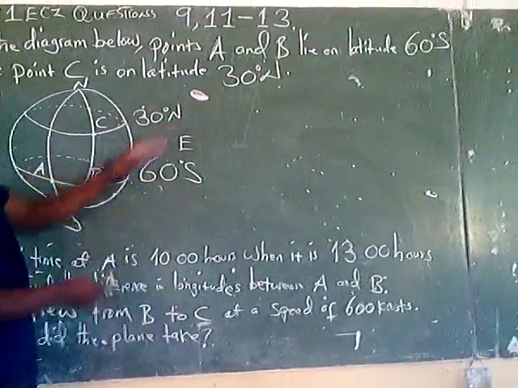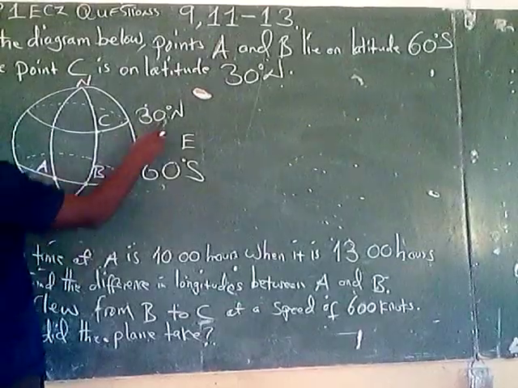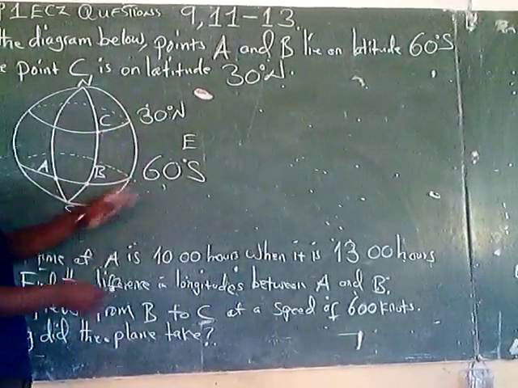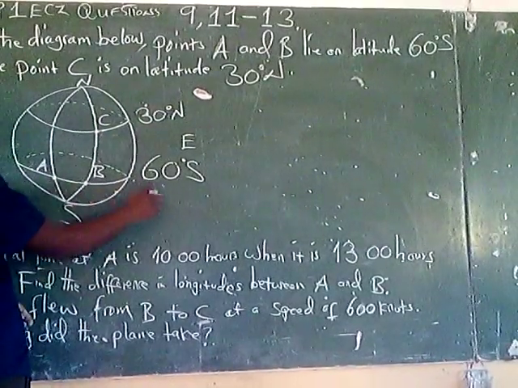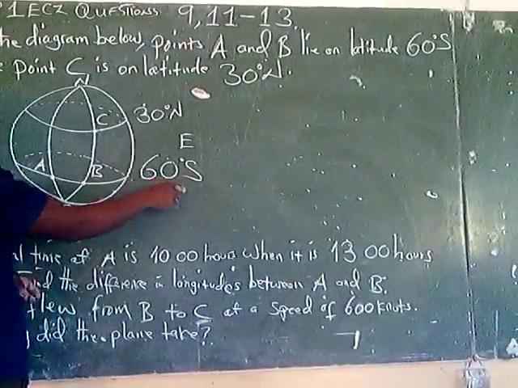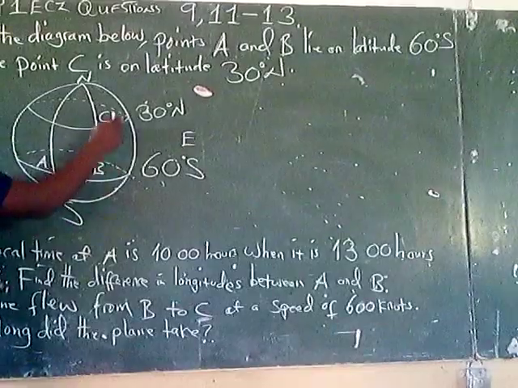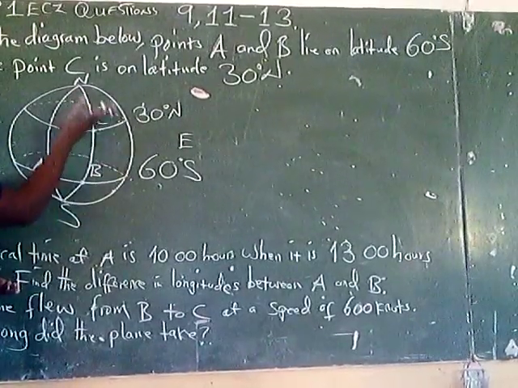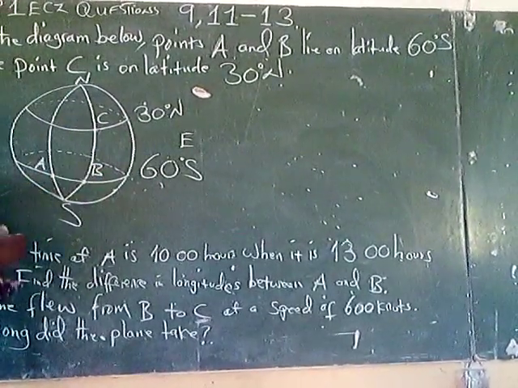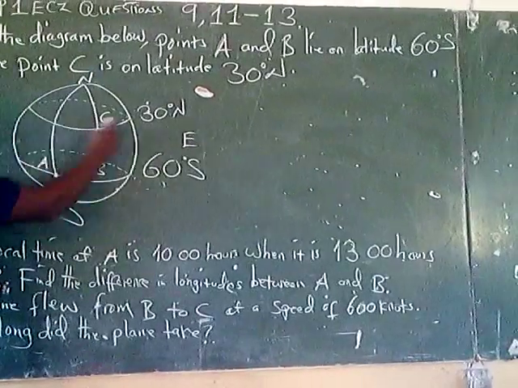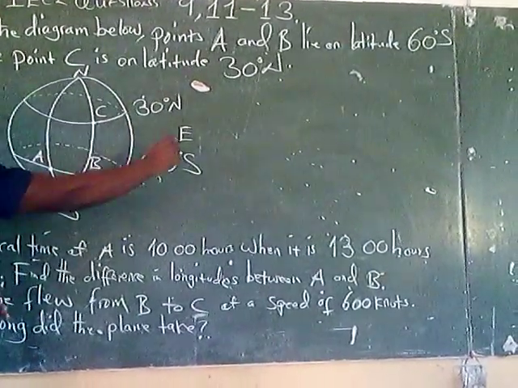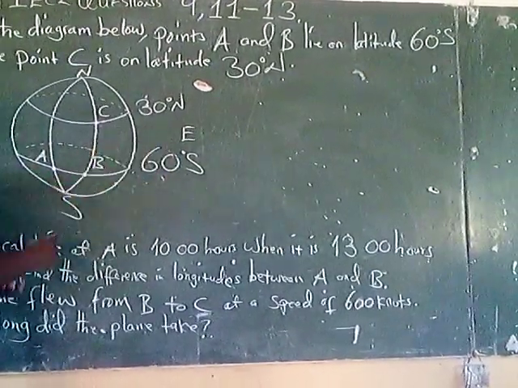For example, this latitude 30 degrees is in the northern hemisphere. We see that this latitude 60 degrees is in the southern hemisphere. It shows that these two latitudes are on the opposite side of the equator. In other words, between these two latitudes lies the equator. Are you there? That's the whole idea of this one.